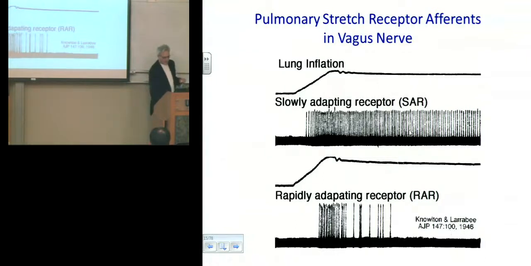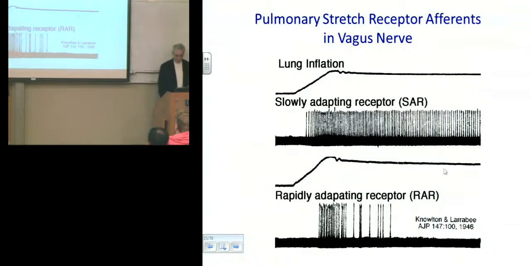For slowly adapting receptors, all we're showing here is the change in lung inflation. As you inflate the lung, you activate slowly adapting receptors, and as you maintain lung inflation, they tend to have a maintained discharge pattern, whereas rapidly adapting receptors, you do the same reflex response. They adapt rapidly and terminate their ongoing activity, despite the fact that the inflation is being maintained.